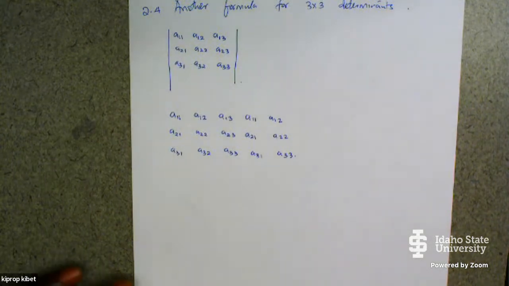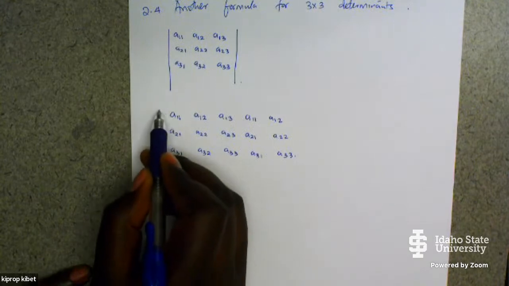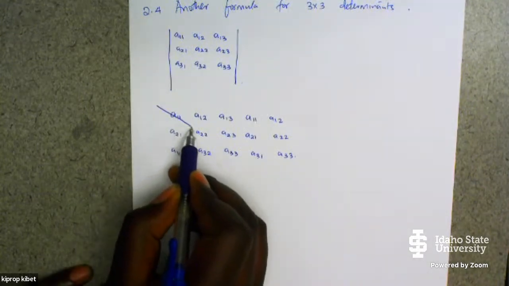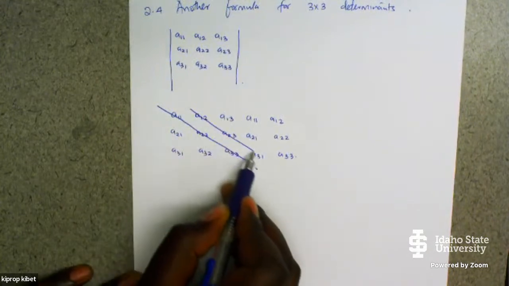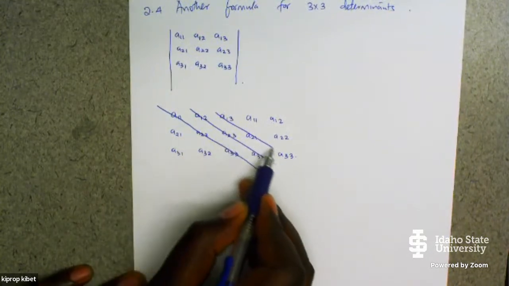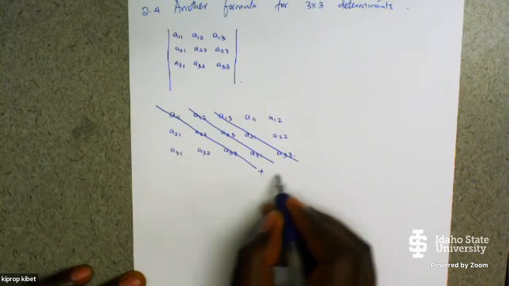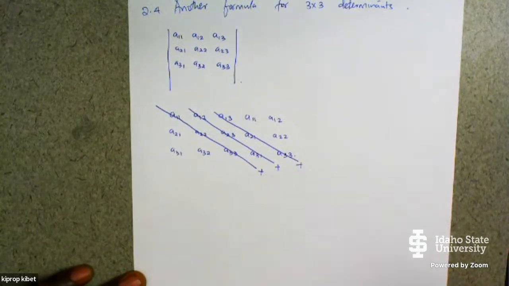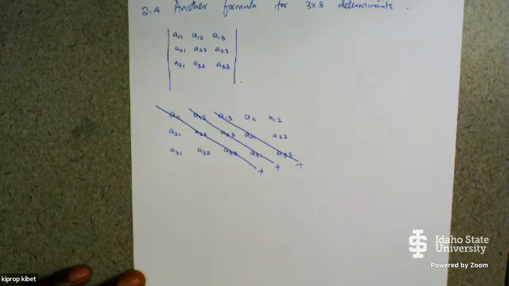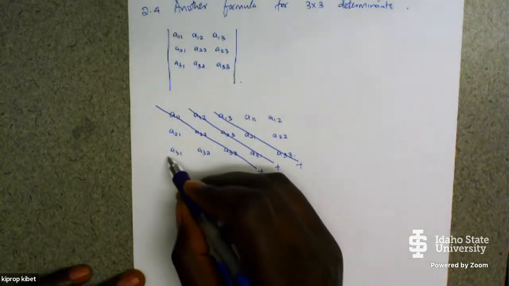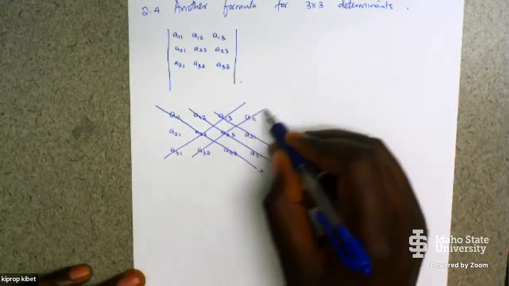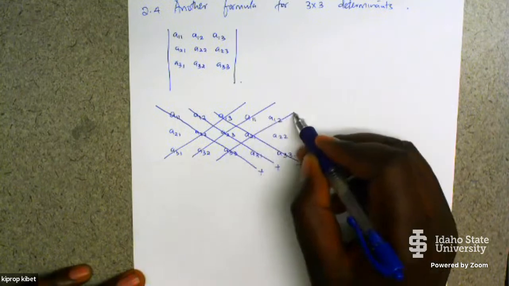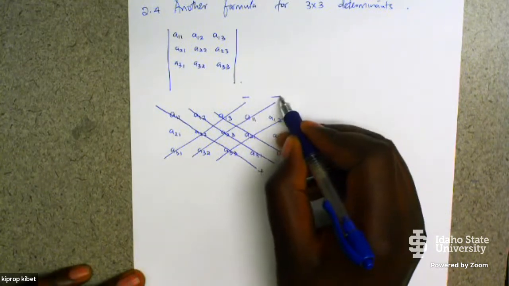Then you multiply along the diagonals here, multiply that and that, this and this, and this and this, and then you add them. Then you come and multiply this and that, this and this, and finally that and that, and then you subtract.